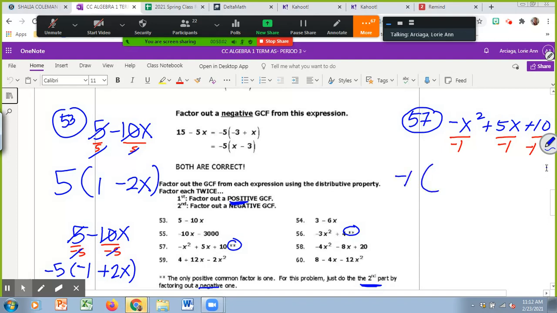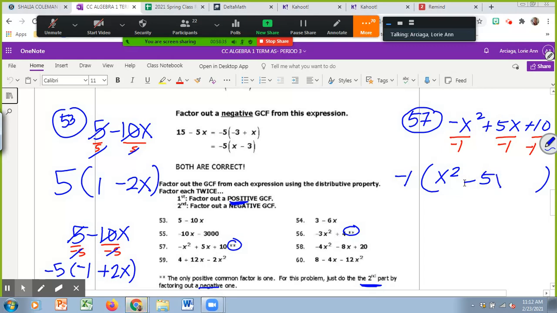Can you guys help me divide? Negative divided by negative will be positive x squared. Very good. And bring down the power because there's no x at the bottom. Positive divided by negative will become -5.